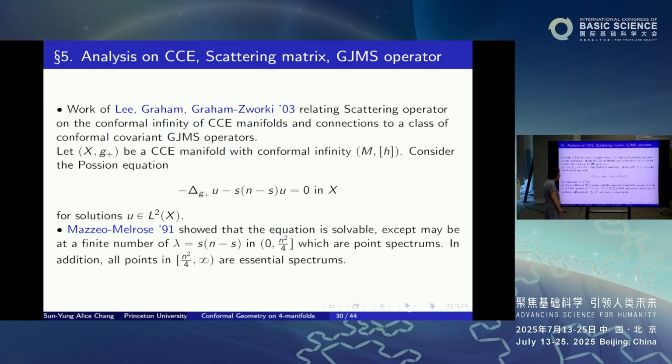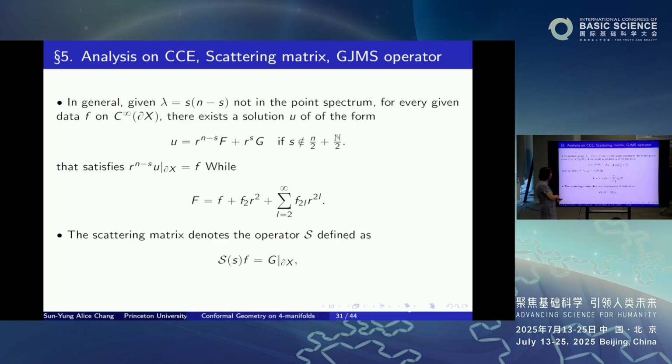So we are talking about the Poisson equation. And in this Poisson equation, we know that the early work of Mazzeo and Melrose says that except for finitely many points of point spectrum, this problem is solvable. Except for a finite number of lambda, this is solvable.